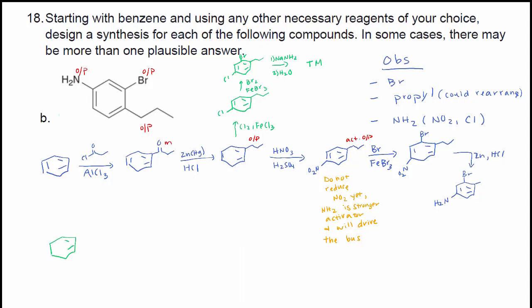So let's say you had put the bromine on first. The next group would go on to here. Then you would do the reduction, and once you reduced it, the propyl group will be the one driving the bus again between that and the bromine, because halogens always lose there.